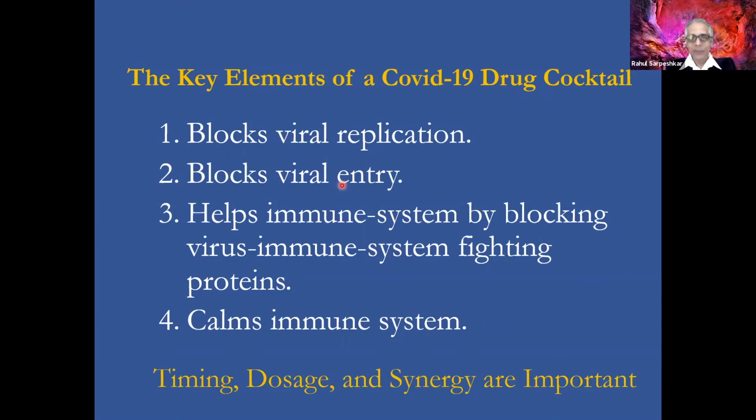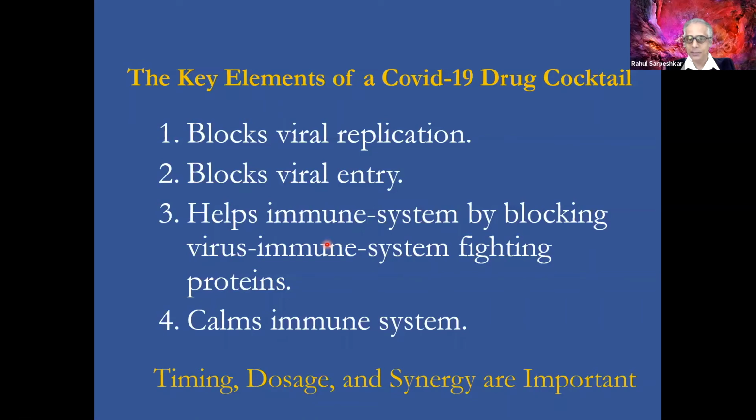And a third one, which is sort of important in the moderate stage, I would say, but also in the beginning and even in the end, is that there are certain key things that can help the immune system fight the virus and really prevent the virus from blocking the immune system. And I've shown you an example.